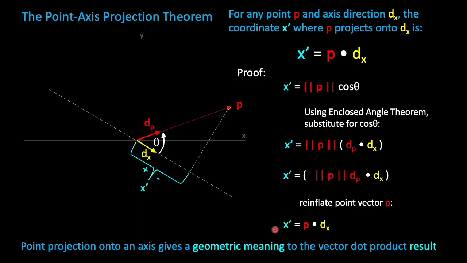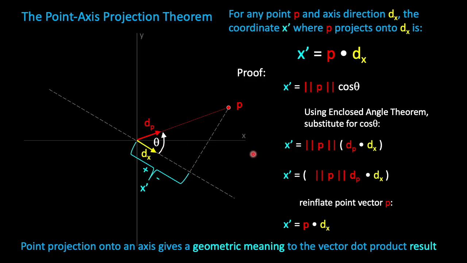If you wish to look at the case where the point projects over onto the negative axis, I encourage you to take that on. If you have any questions about this working, you will find that you do come out with an x prime that has a negative value, and you'll see how you arrive at that.